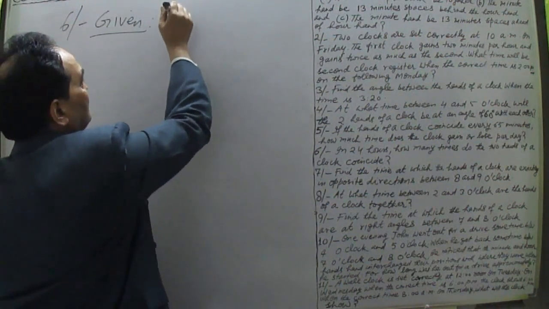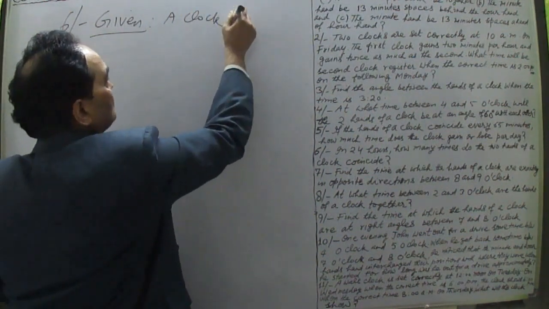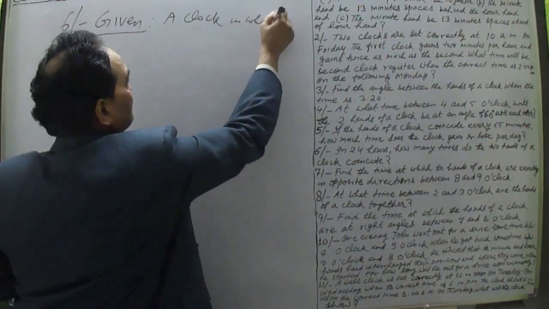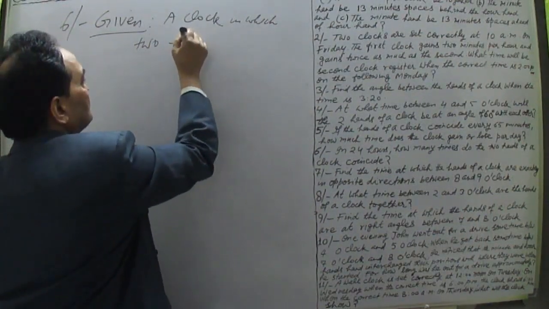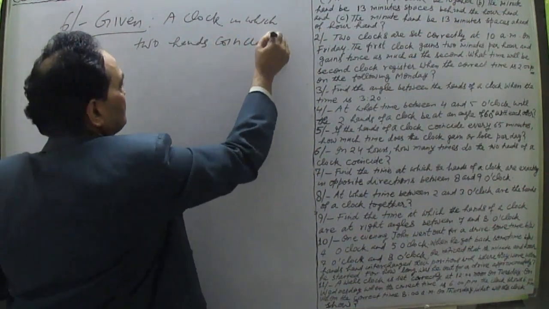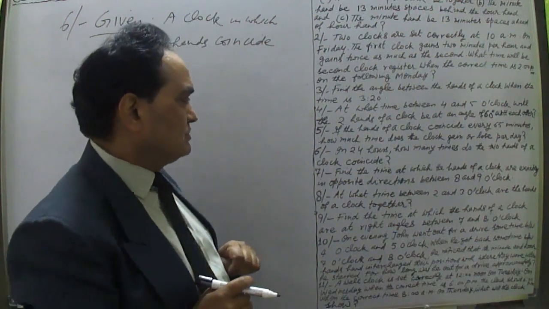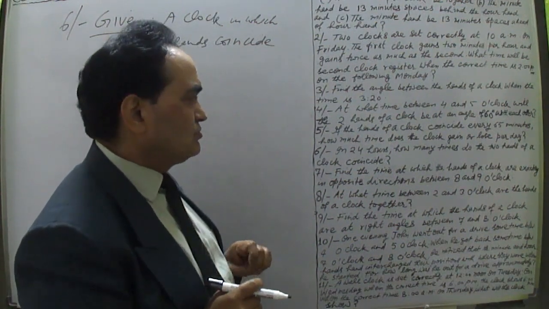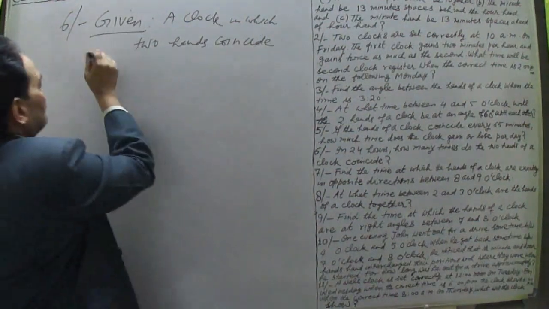We are given a clock in which two hands coincide. We are given here: how many times do the two hands of a clock coincide?